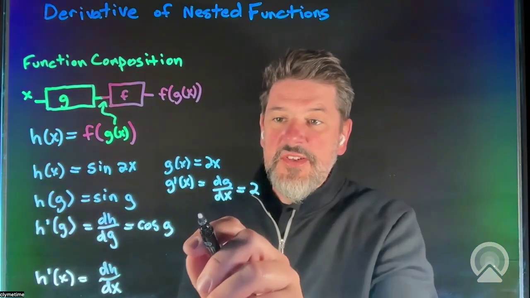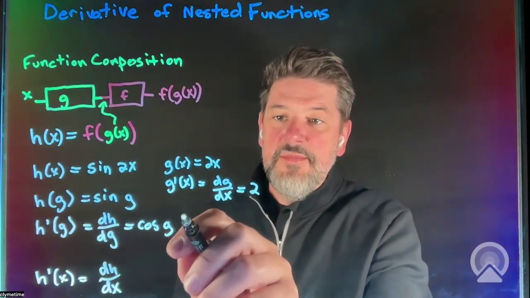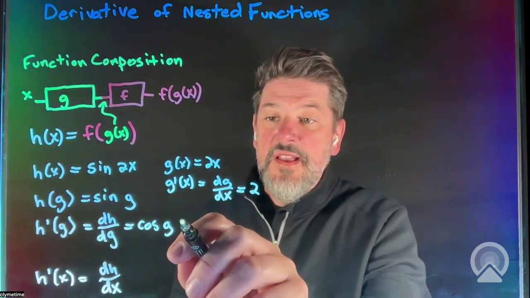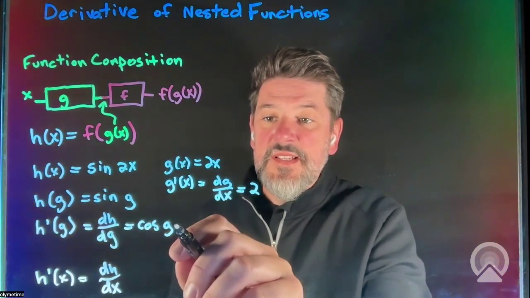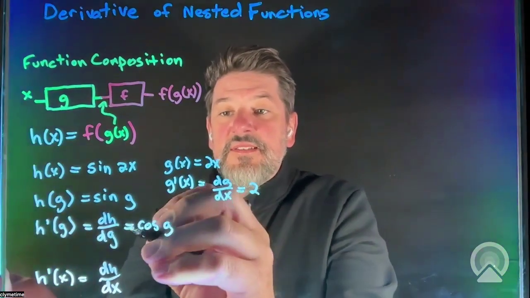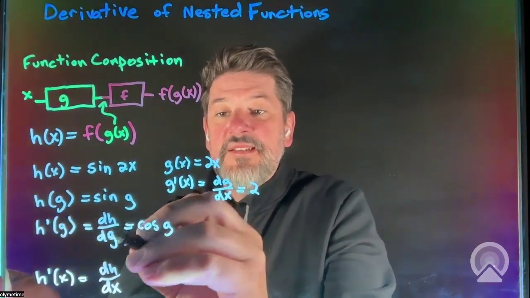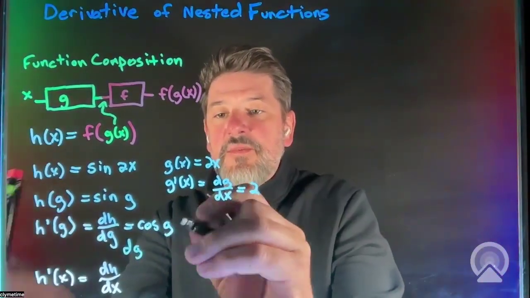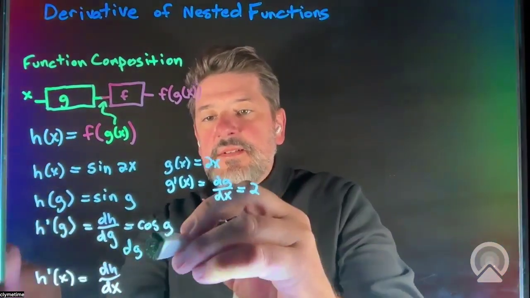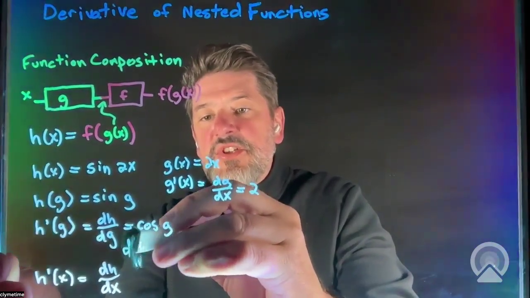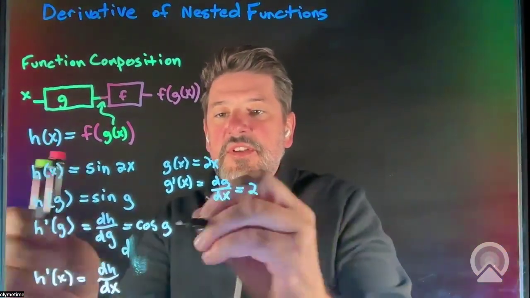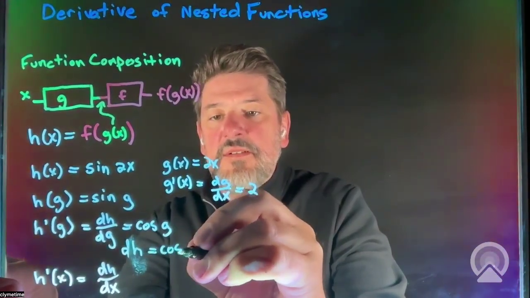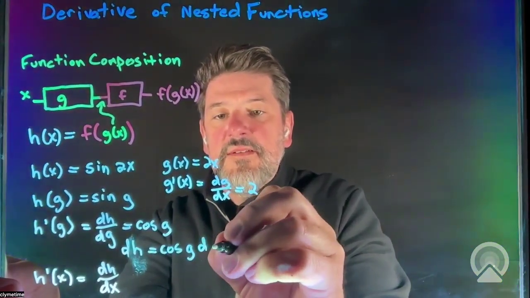And the answer to that question is we have to multiply both sides by dg. So we get dg over here, and then we have to divide both sides by dx. Multiply both sides by dg, we get dh on the left is equal to cosine of g dg.